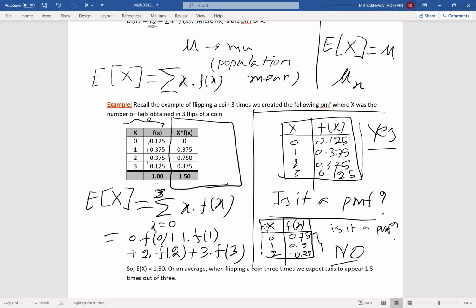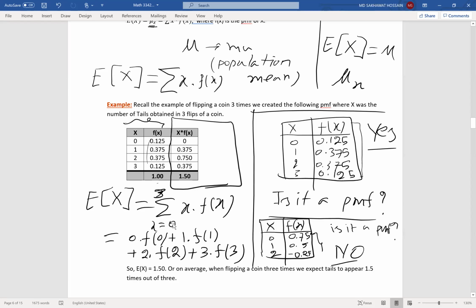So the expected value of x is equal to the summation of x times f of x. You multiply the value of x and its corresponding probability, and you do it for each possible value of x, and you add them together. So this notation means you consider x equal to 0 up to 3.